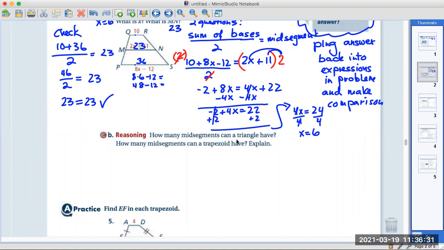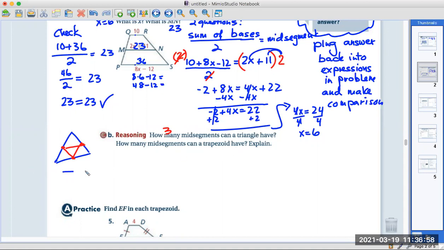And I was looking at this one. How many midsegments can a triangle have? So a triangle has midsegments. They start from one middle to the other middle. So there's one midsegment, but you have one from here to here as well. There's another midsegment. And then you can have one from here to here. So it can have 3 midsegments. But a trapezoid is different.